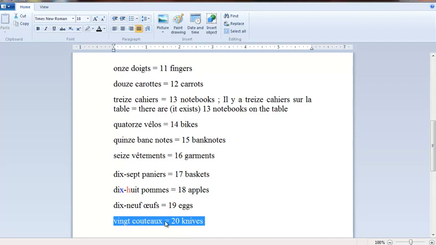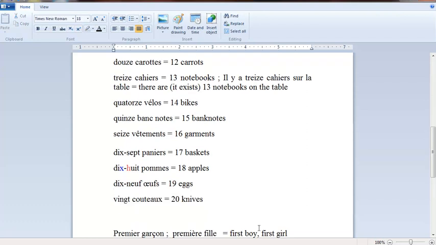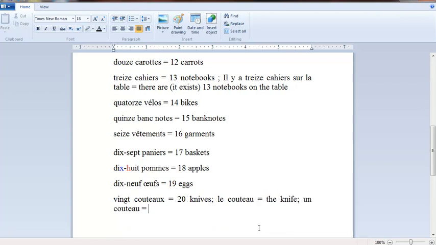For example, le couteau, it means the knife. Un couteau, it means a knife, masculine gender. Because remember, le, it's the definite article for masculine gender nouns. Le couteau, the knife.